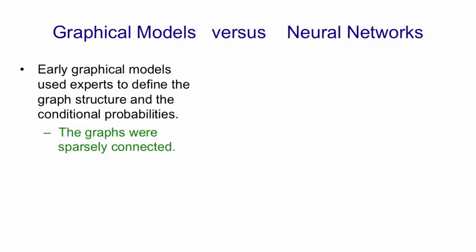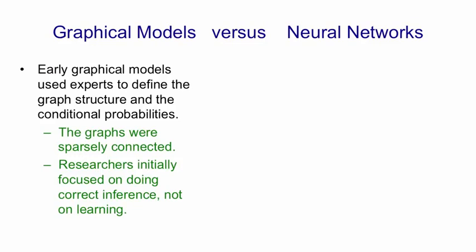Their graphs were sparsely connected, and the initial problem they focused on was how to do correct inference. Initially they weren't interested in learning because the knowledge came from the experts.